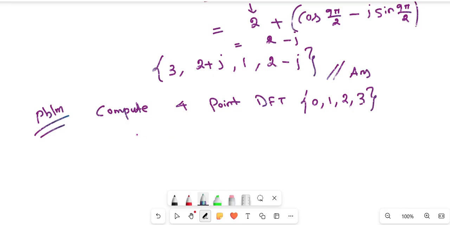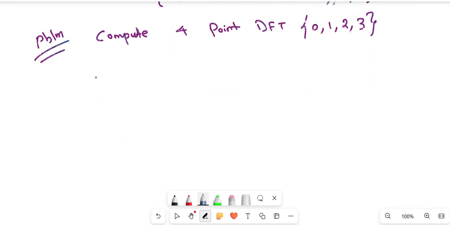So DFT and IDFT also we will now solve. Matrix method: DFT using matrix method.